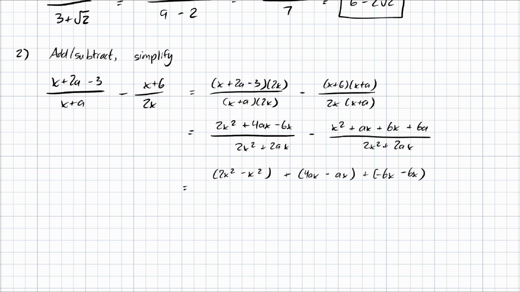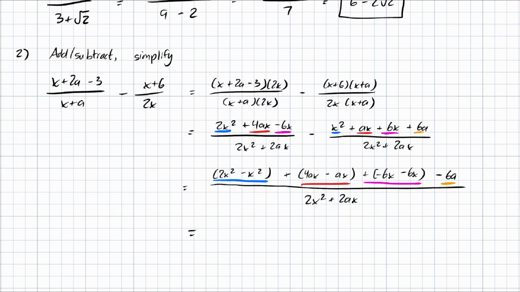And then the 6a is simply by itself, so we'll have a minus 6a. Over 2x squared plus 2ax. I'll color code the pairs so it's easy to see where I got them from: 4ax, ax, then negative 6x, another negative 6x, and then 6a by itself.